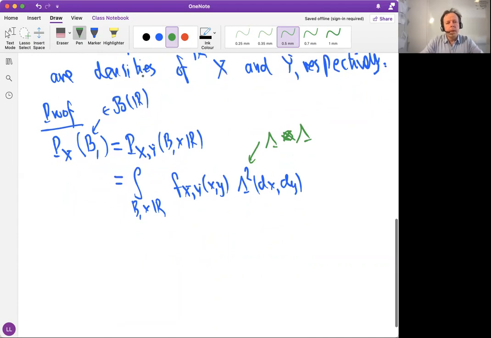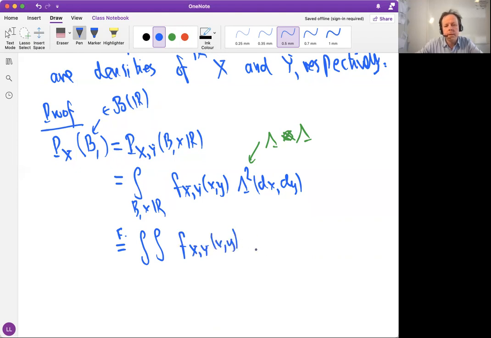So we apply Fubini, or maybe Tonelli might be in place here. So we can write this using two integrals, with lambda dy and lambda dx.